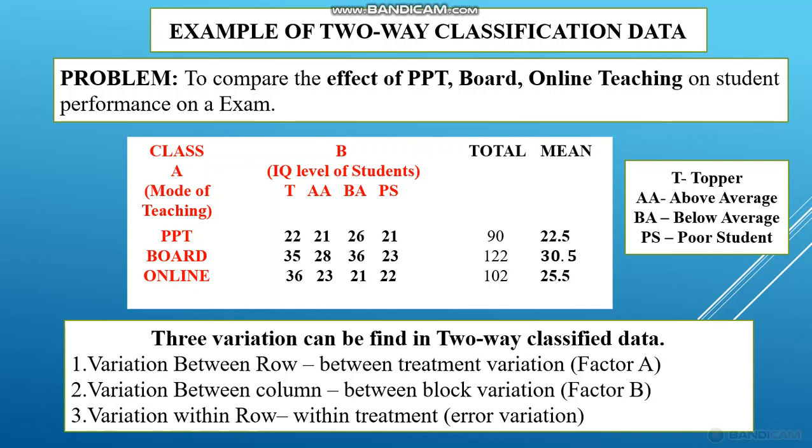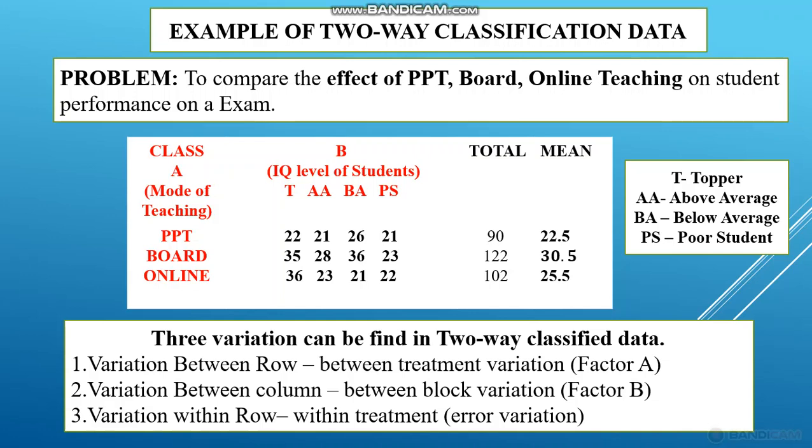In the first column there are all topper students, in the second column there are above average students, in the third column there are below average students, and in the fourth column there are poor students.